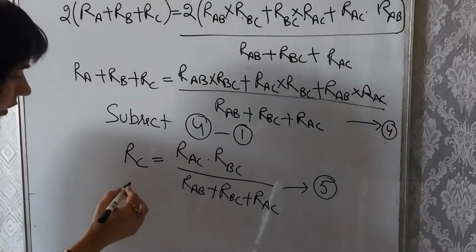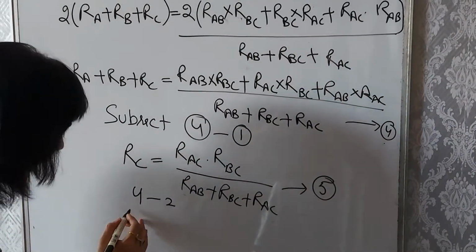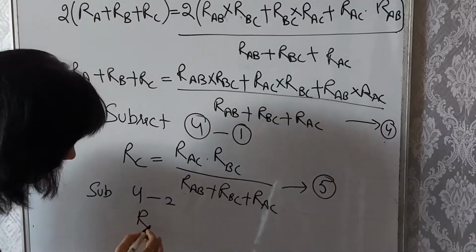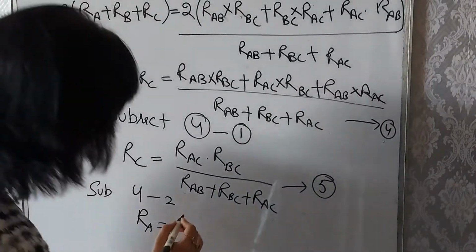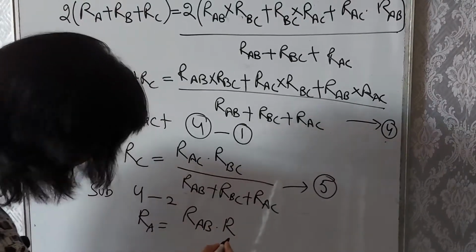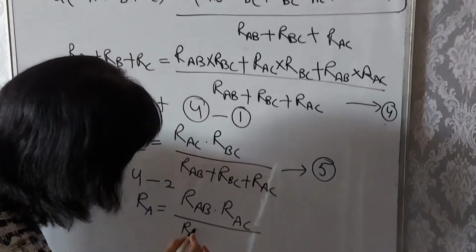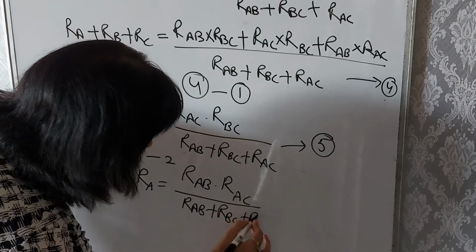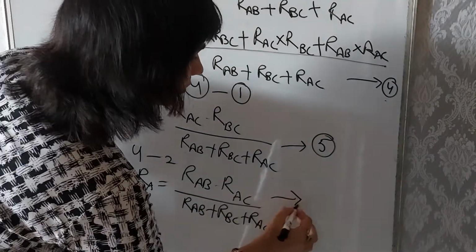Then subtract equation 4 from equation 2, we will get RA is equal to RAB into RAC upon RAB plus RBC plus RAC. This is equation 6.